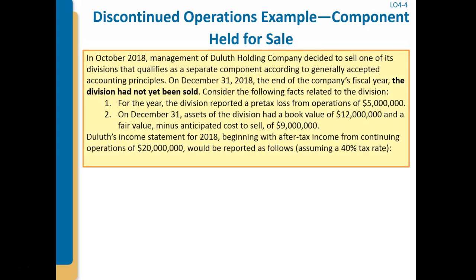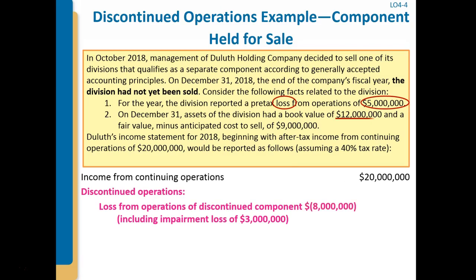So let's illustrate discontinued operations in a situation when the component is considered held for sale and there's an impairment loss. Duluth Holding Company has generated after-tax profits of $20 million from continuing operations. At the end of the company's fiscal year, the company still hasn't sold the division it decided to sell in October.